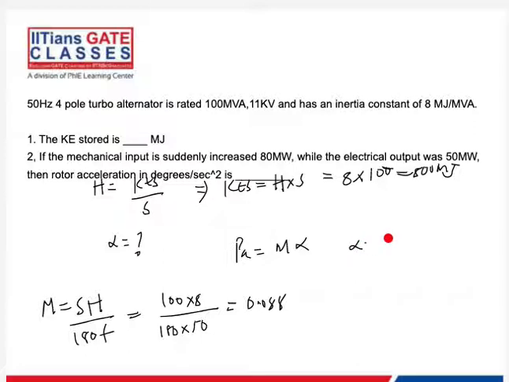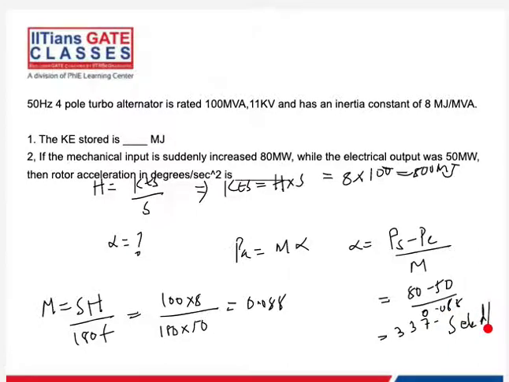So alpha is equal to PA divided by M. Substituting, you will get this as 80 minus 3 divided by 4, which gives 337.5 electrical degrees per second square.